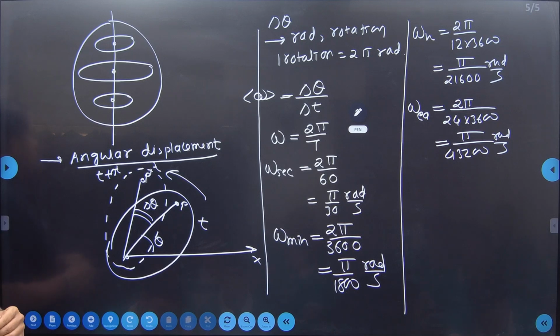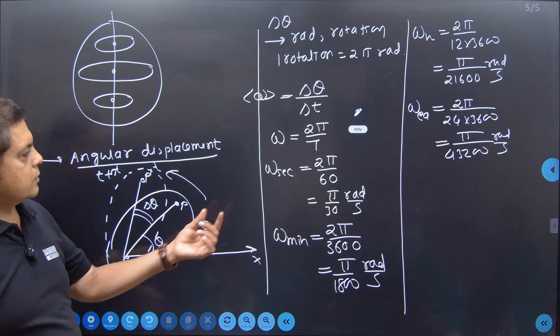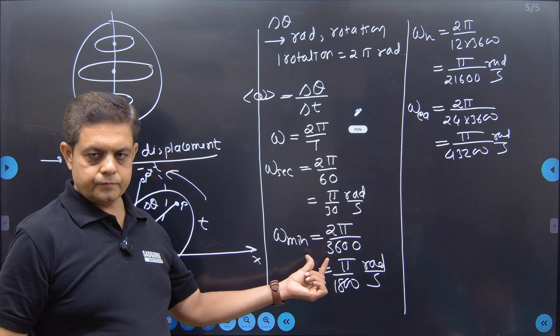Normally, angular speed is represented in units of RPM or RPS, rotation per minute or rotation per second. This is rotation per minute.